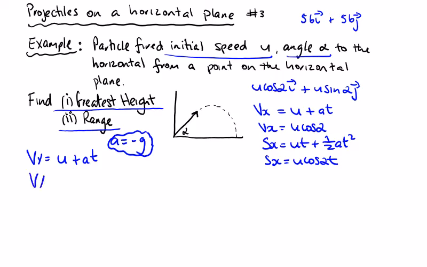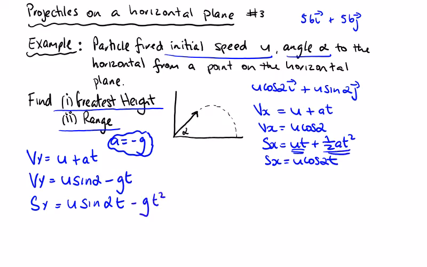So v of y is equal to u sine alpha minus gt, and s of y is going to be u sine alpha times t, this ut over here on the right, and half at squared is going to be minus gt squared divided by 2, or you could write this as a half gt squared. Either one is fine.